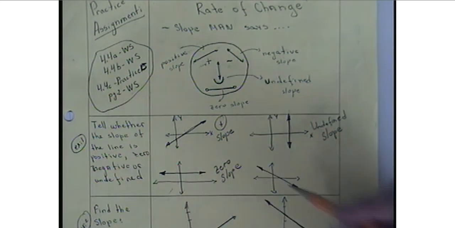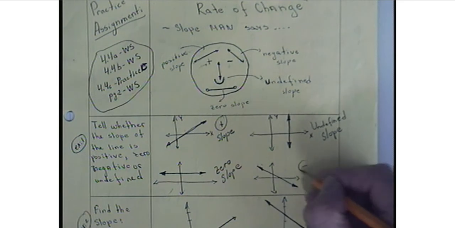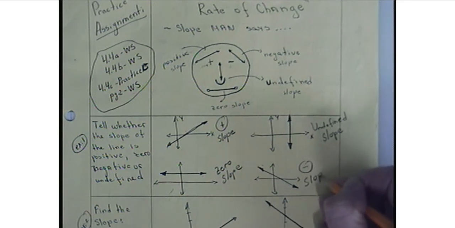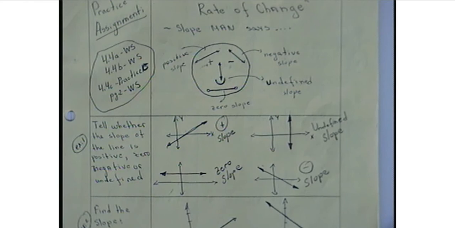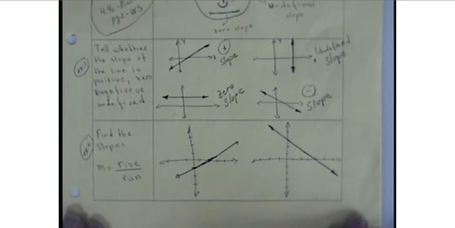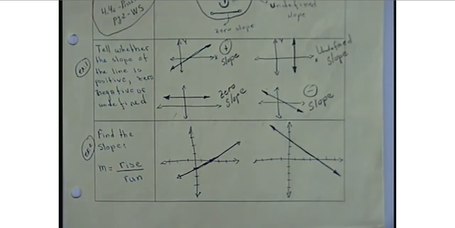And the final one that goes down the hill from left to right is what we call negative slope. So in some examples, you will have to decide what type of slope you see when you look at the line in the graph.